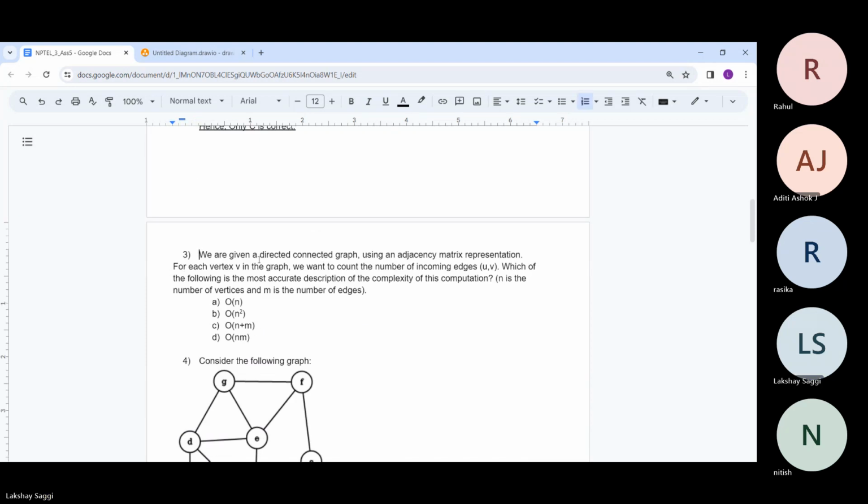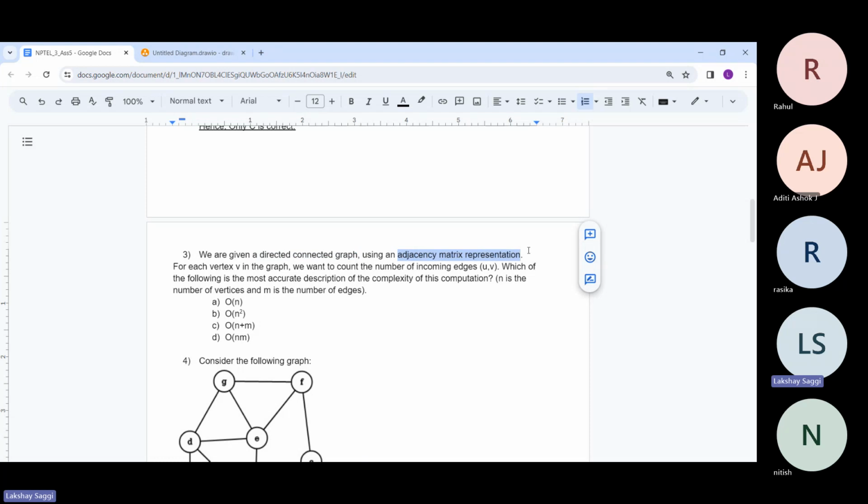So the next problem says that we are given a directed connected graph using an adjacency matrix representation. I assume that everyone knows about it. I'll be assuming that you have seen the lecture videos, so you know what a directed connected graph is, what adjacency matrix representation is, and everything.